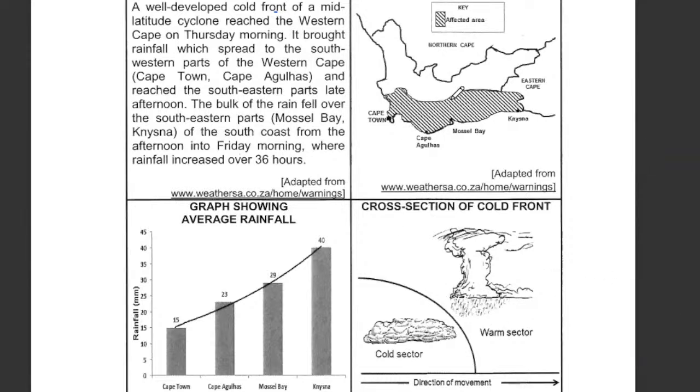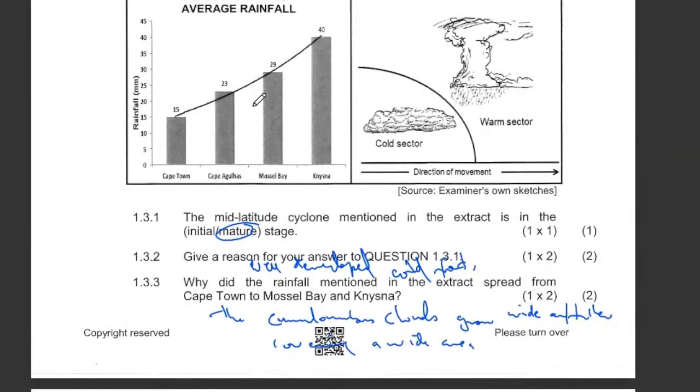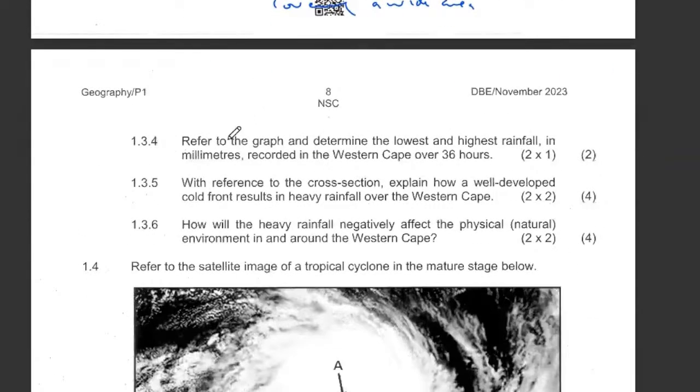It is basically being positioned to cover this area, meaning that even the rainfall will be spread all over the area. Also, you can consider that the system is moving from the other side. Basically, it's the CB clouds.